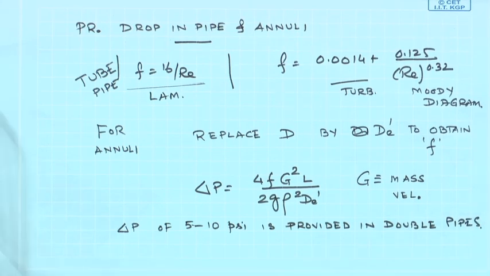So, once again, to calculate the pressure drop, we can use the same relations that we have used for calculating the pressure drop in a pipe. For the case of annuli, we replace the diameter by the hydraulic diameter and use the same relations. The pressure drop can be expressed using the standard formula in terms of the velocity, or it can be expressed in terms of the mass velocity. And you will see later on that the heat transfer coefficient is going to be proportional to G to the power something, I think G to the power 0.8.